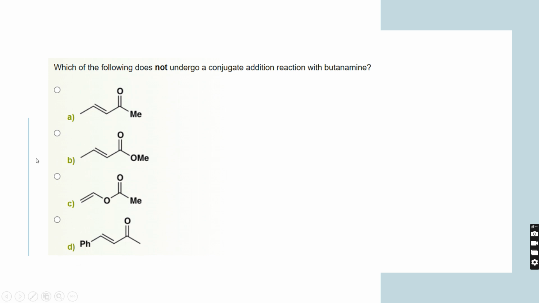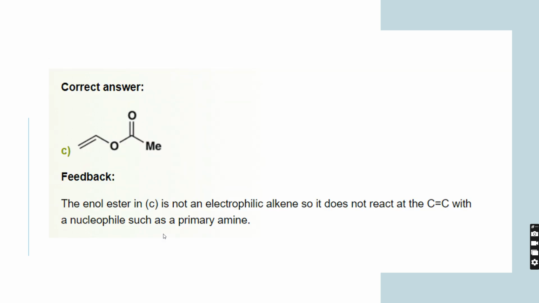Thus, we chose the option in which the conjugate addition is not feasible due to the presence of an electron-rich carbon-carbon double bond. So, this will be the brief description of the question, and you have to choose option C as the correct answer.